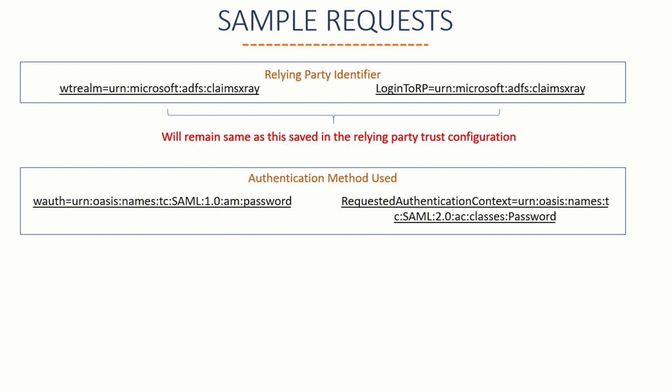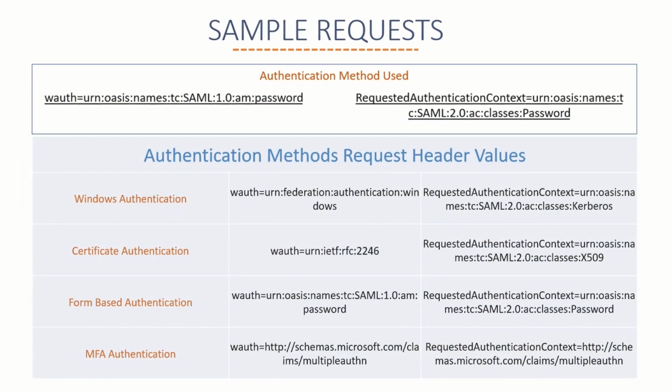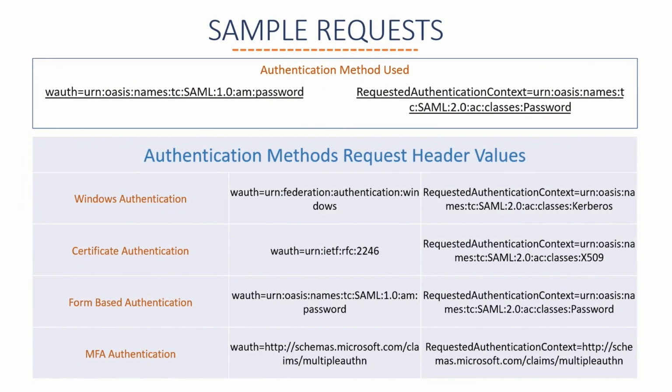So if you are using an application that has WS-Fed, it will be using wtrealm. If you are having an application that is using SAML, it will be loginToRP, but this value will remain the same. The value that you see right now on the screen is the identifier value of the ADFS claims X-ray tool. But the other header, which is used for the authentication method, is actually letting the identity provider know what kind of authentication it should present to the user.